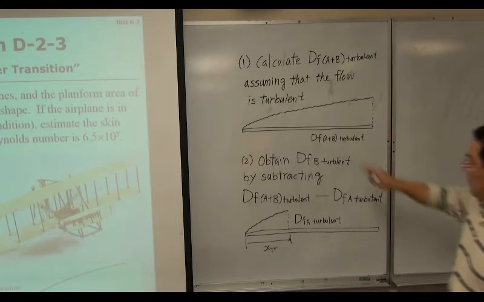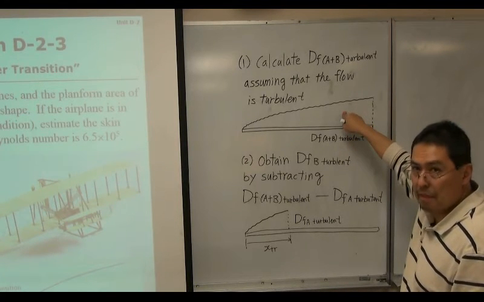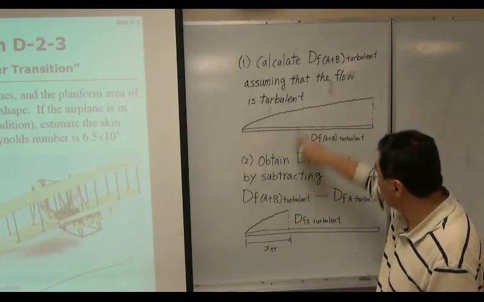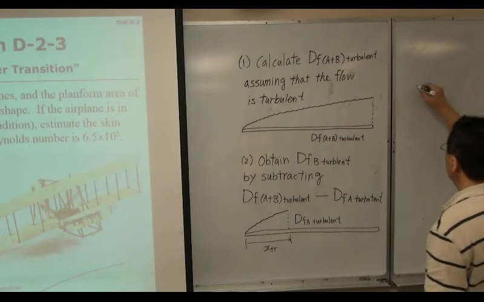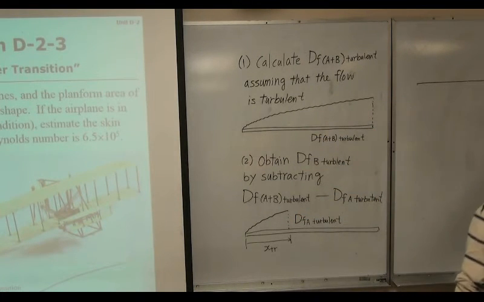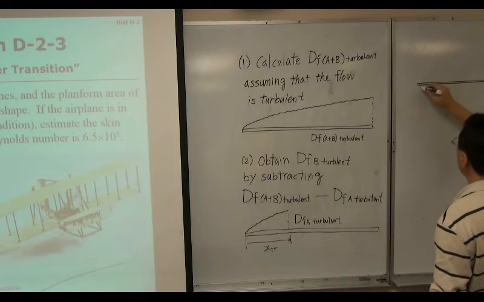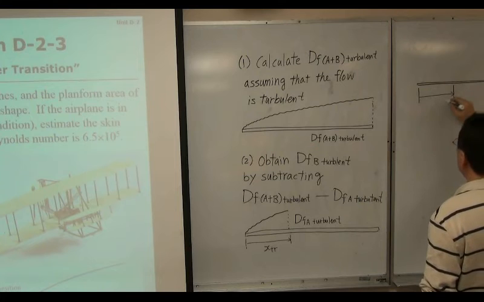So whatever the value you obtained here, if you subtract this one from here, what you end up having is this. This is the transition point.